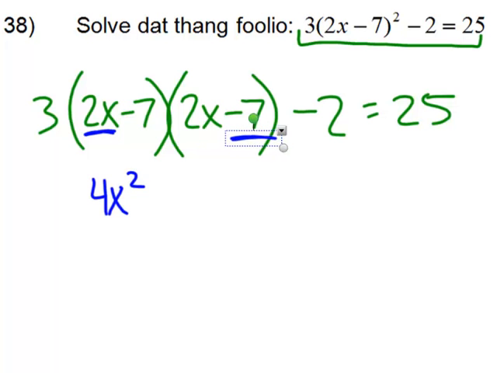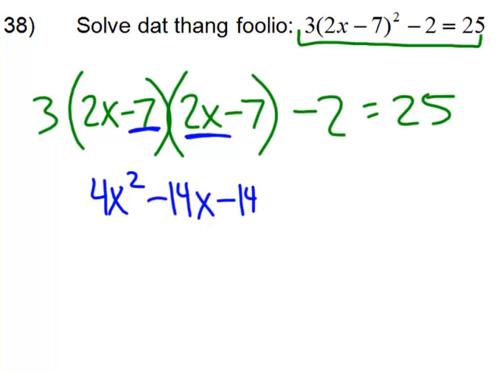As the outer term in our FOILing, 2x times negative 7 gives us minus 14x. And then the inner terms, another 2x times negative 7 gives us another minus 14x. And finally, the last terms in our FOIL, first, outer, inner, last, that's what FOIL stands for, right? Plus 49. Negative 7 times negative 7.